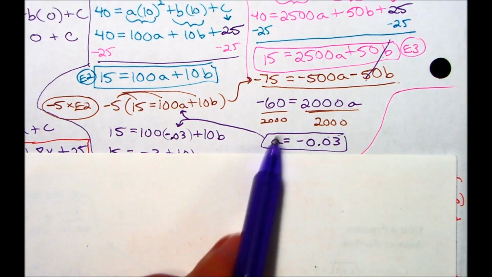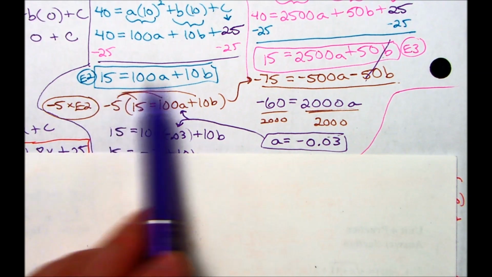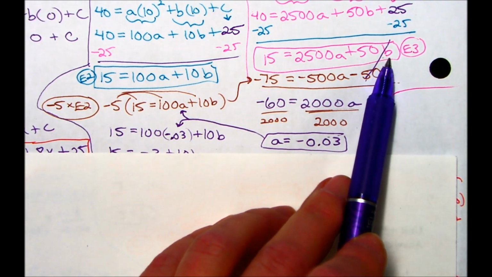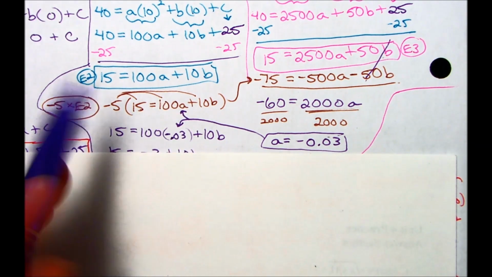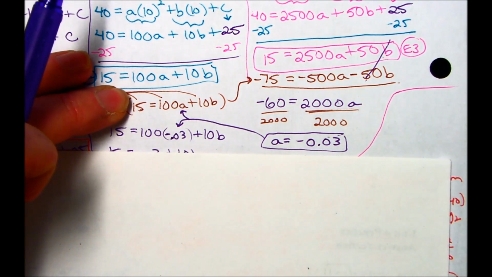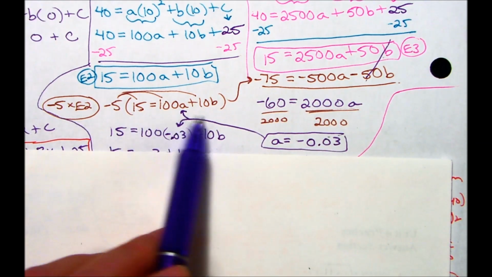-0.03. Once you've got that a value, then substitute it back into either equation 2 or equation 3. I chose equation 2 because, again, it was easier, it was right here. But you're not going to use the -5 equation. You already used that for this part here. So this is the equation that I'm using.